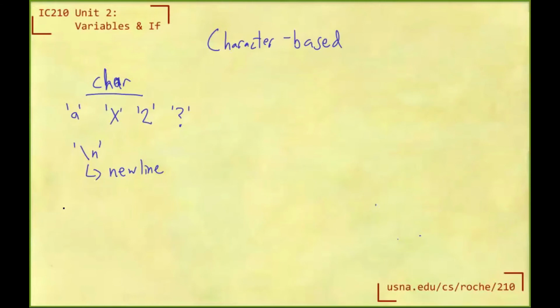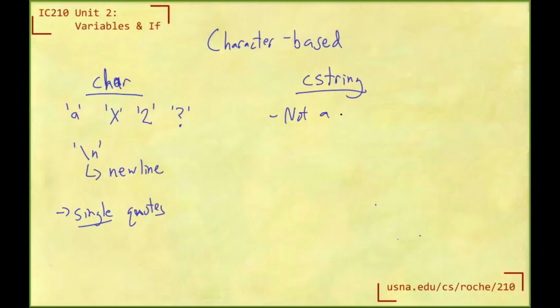So notice that with chars, we use single quotes. And it would be an error if we tried to put more than one letter because a char can really just hold one letter. And then the other thing that you're more familiar with by now is what's called a string or a C string. The C string is not actually a built-in type.